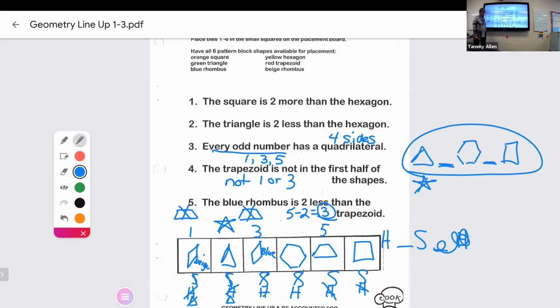You can put the name of the shape in there. But when it comes to the rhombus, you're going to tell me the color also. And you can't just put B, because they both start with B.